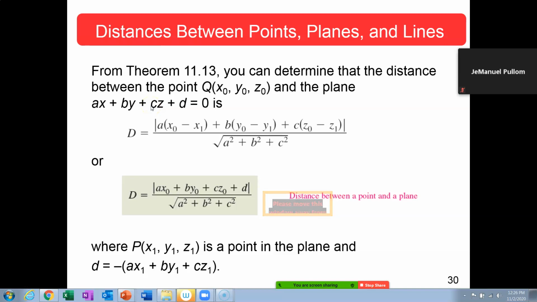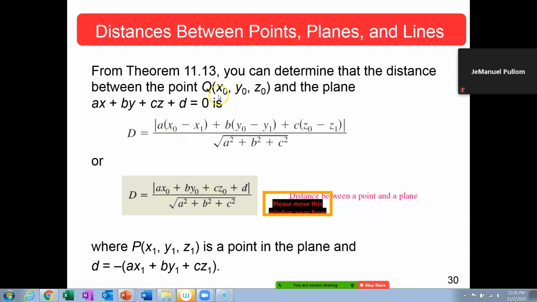Those values tell you the normal vector to that plane. Okay, the normal vector to the plane. Now what they didn't include here is that the point P is on the plane, so the vector PQ would be Q minus P, which is sort of backwards from how we usually do it.